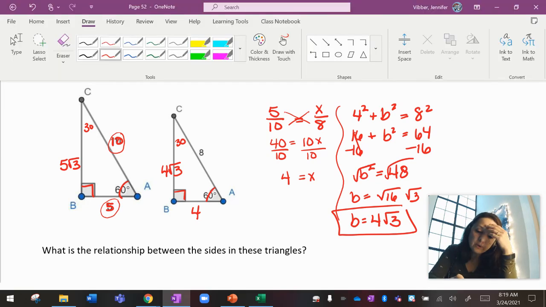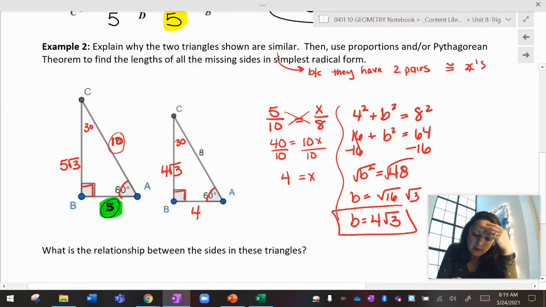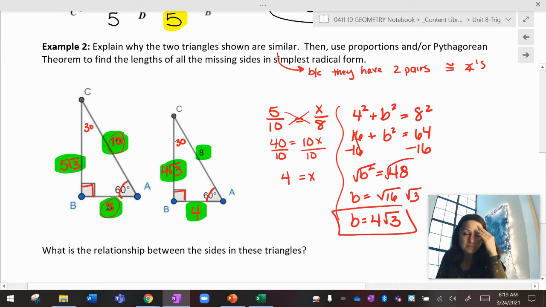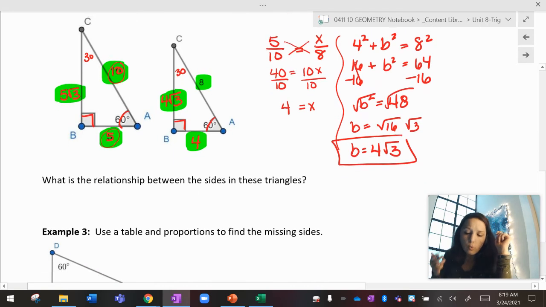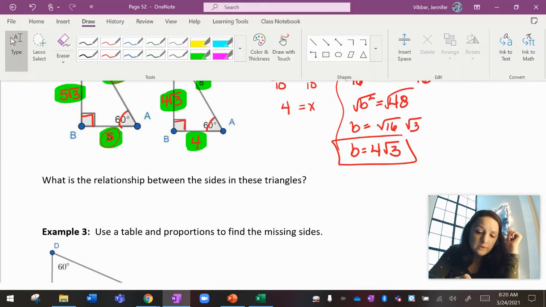Now let's look at the relationship here. 5, 10, 5 root 3. 4, 8, 4 root 3. No, your video didn't freeze. I'm waiting, hoping that you're thinking about what you notice. What's the relationship between the sides?